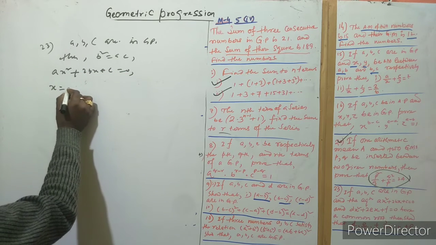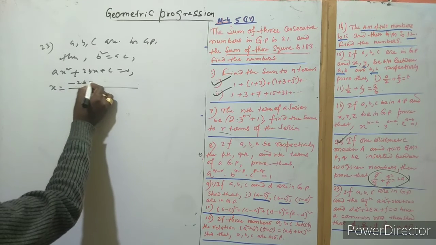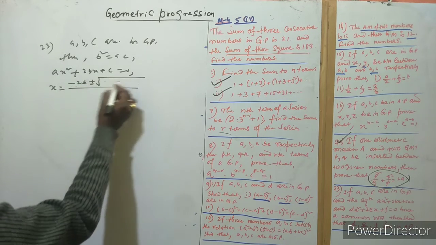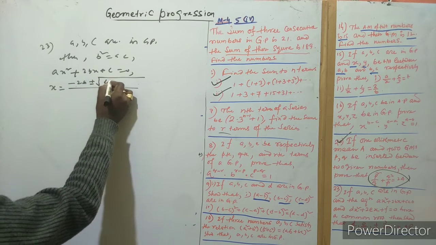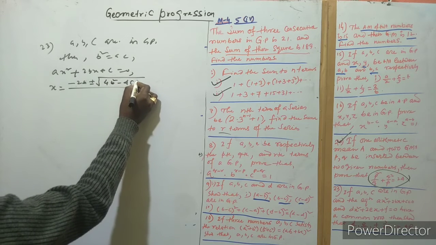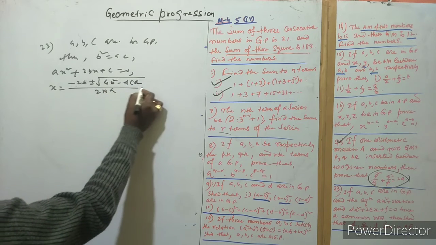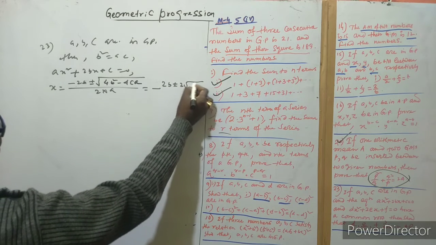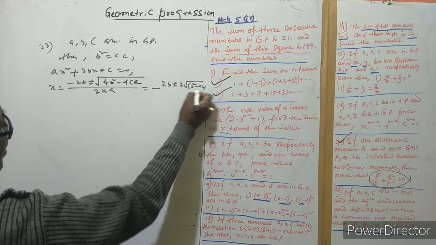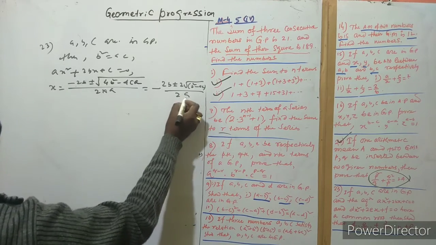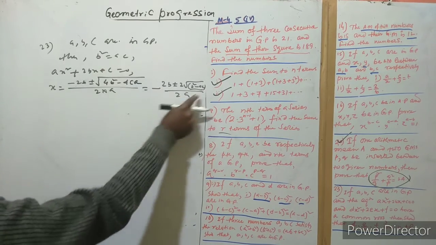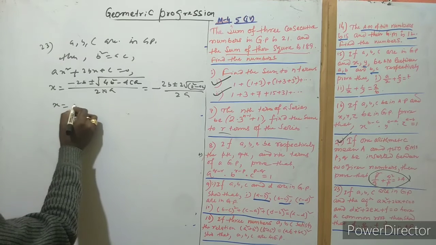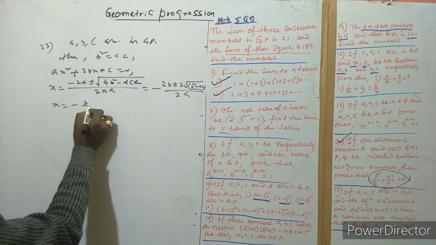By Sridharacharya formula, x is equal to minus 2b plus minus root over 4b square minus 4ac, by twice a. Taking 2 common, we get minus b plus minus root of b square minus ac, by a. Since b square minus ac is 0, we get only one root, x equal to minus b by a.